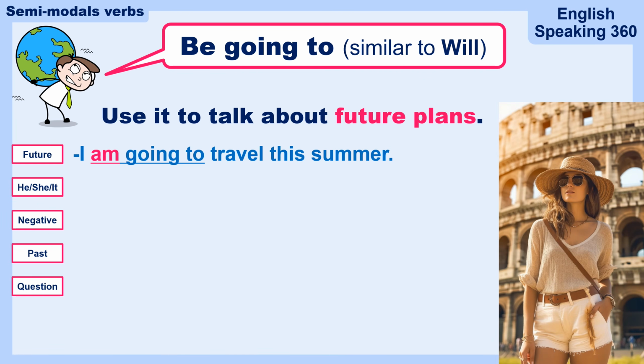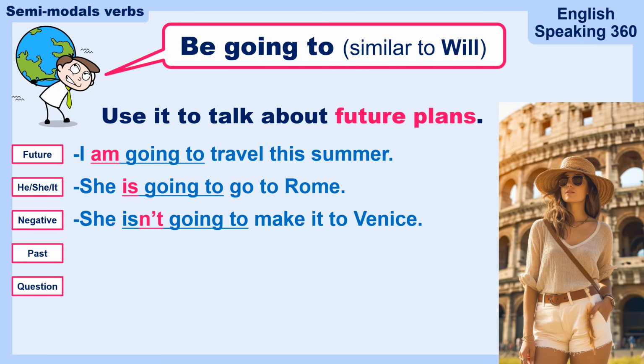How about the third person? This one you have to change, right? She is going to go to Rome. The negative form? She isn't going to make it to Venice. She is not going to make it to Venice. The not must be placed between the verb to be and going. What about the past form?